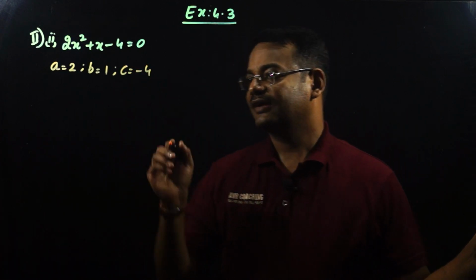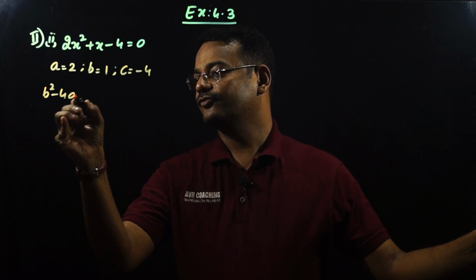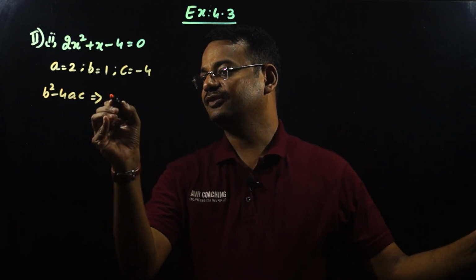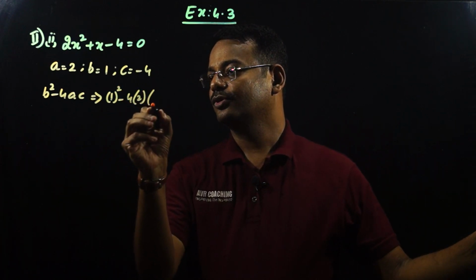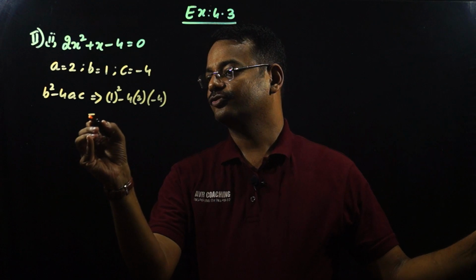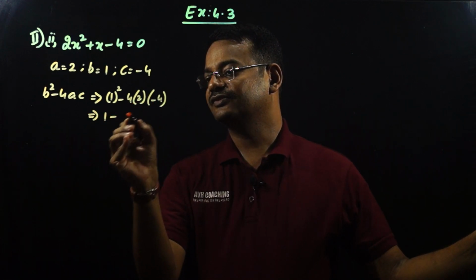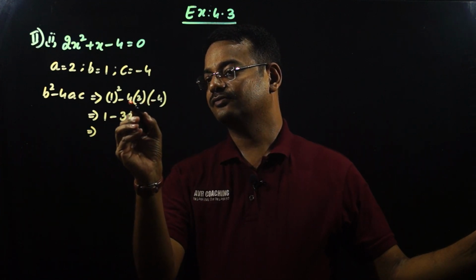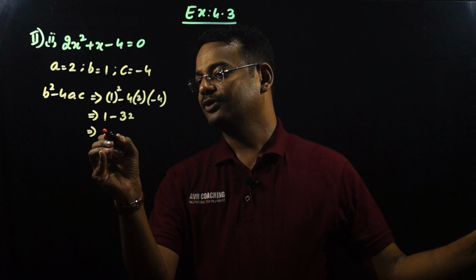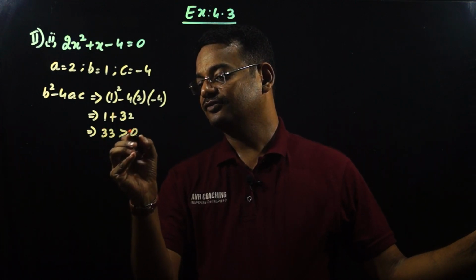So as a condition we have to first find b square minus 4ac, which gives us b square is 1 square minus 4 into a is 2, c is minus 4. So this will be 1 plus, minus into minus is plus, 4 2s are 8, 8 4s are 32. This is plus 32. So this is 33, which is greater than 0.